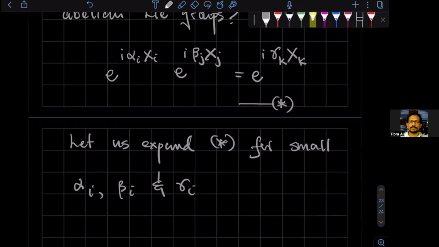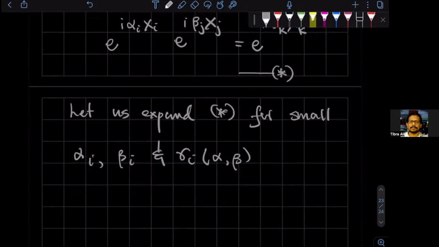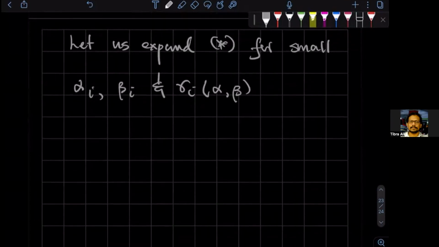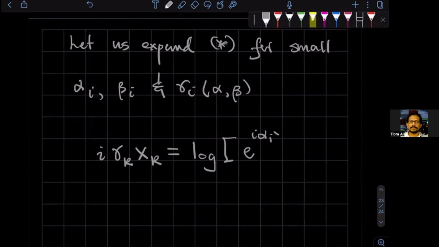Obviously, gamma_i is going to be a function of alpha and beta, these parameters, right? So now if I look at equation star and take its log, we can write gamma_k xi_k equals log of e to the power i alpha_i xi_i times e to the power i beta_j xi_j.